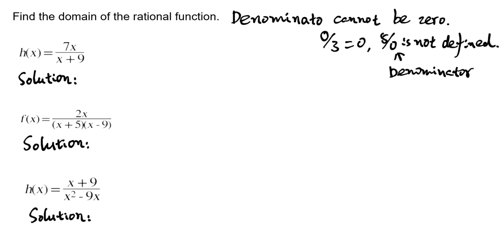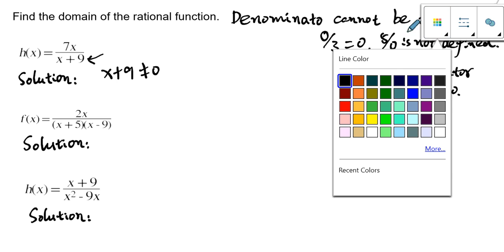So here we want to say the denominator is 0. Since that's the case, in this expression, x plus 9 cannot be 0. Okay, x plus 9 cannot be 0. Then what do we get from here?